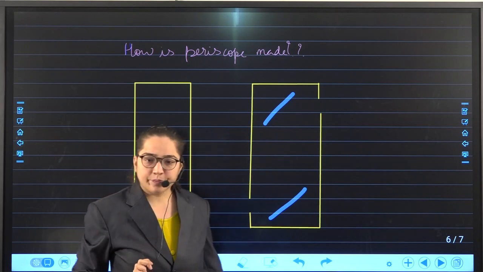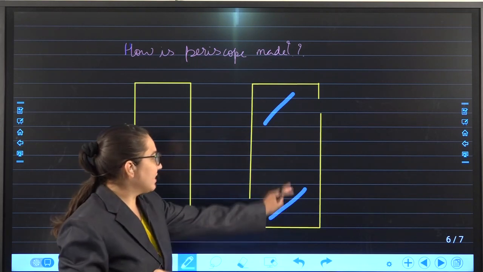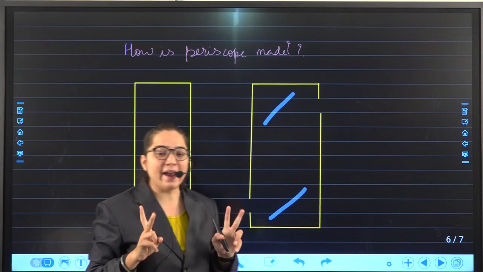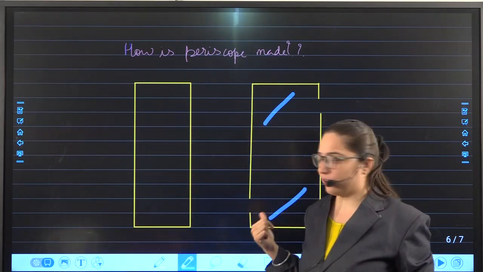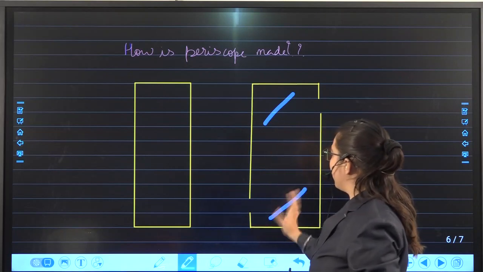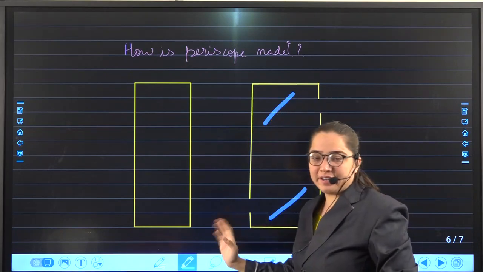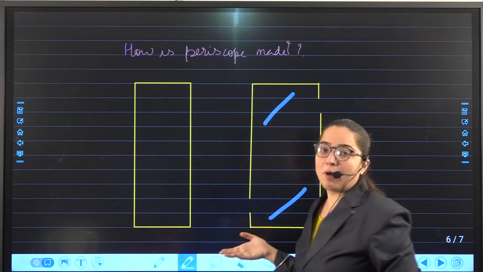What you have to do? You have to cut the slits at 45 degree and arrange two mirrors parallel to each other. Mirrors are parallel but they are kept at angle 45 degree with the bottom. Okay.